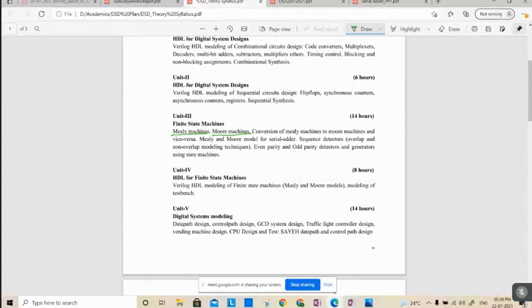Next, Mealy machines and Moore model for serial adder. Tomorrow we will discuss this. Tomorrow, in the sense, after next week, conversion of Mealy machines to Moore machines and vice versa. This is done, and this is done, and this is done. So this is not done. Sequence detectors we will do. Then after that, even and odd parity we will do. So we are going to finish this topic.